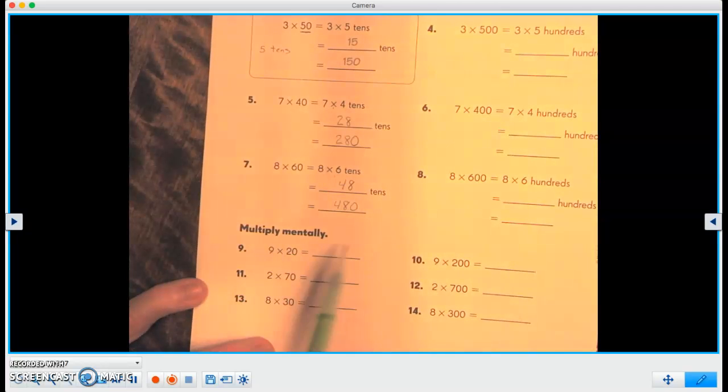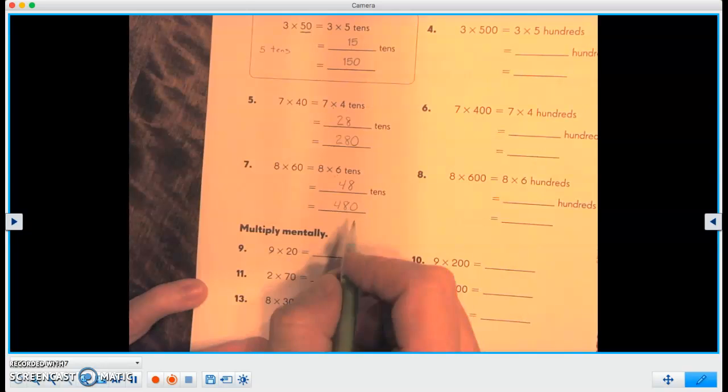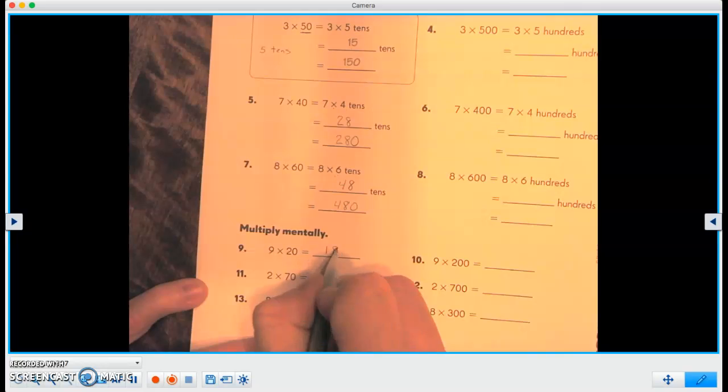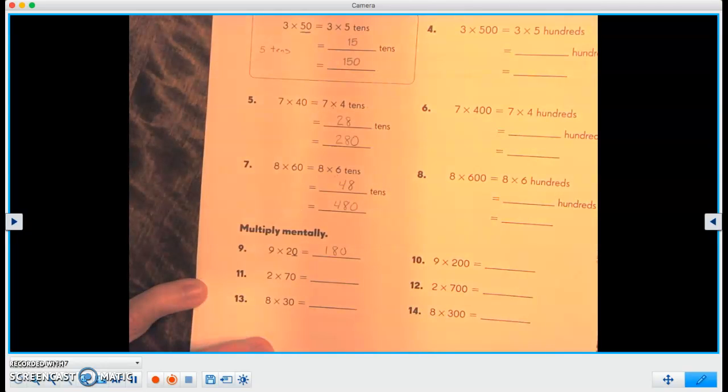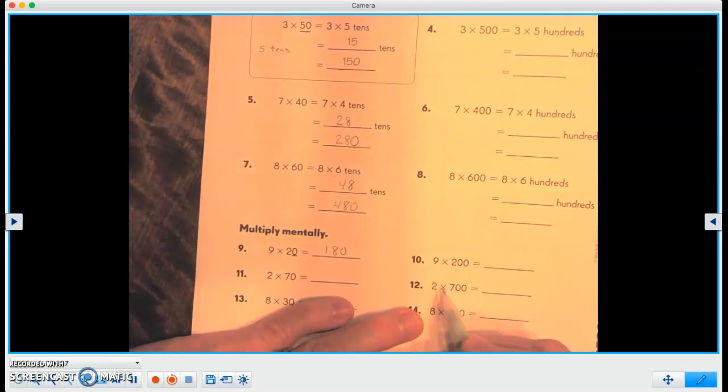Now, again, I'm going to just do the odd, but they really go together, how they're set up here, okay? So 9 times 2 tens, well, 9 times 2 is 18, but it's 18 tens, so I want to put another 0 in there. 2 times 7 hundreds.